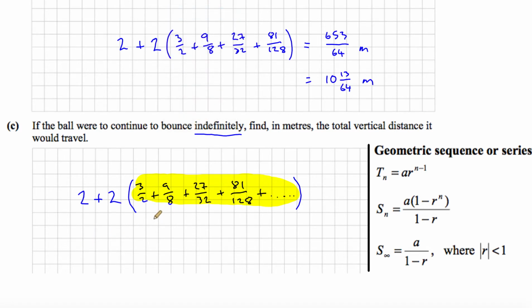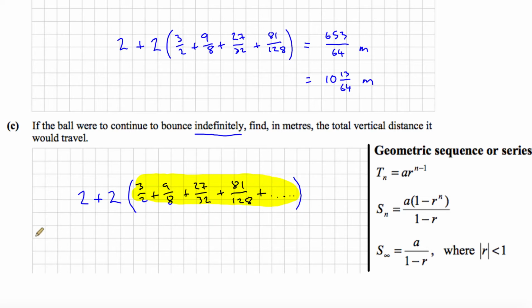So if that's a geometric sequence, the formula for the sum to infinity of a geometric sequence is here in the right hand corner. I've taken this from the tables book. So this is a over 1 minus r, where the modulus of r is less than 1. Now r represents the common ratio, and the common ratio for this sequence, if you remember, was 3/4, because that's what we're multiplying as we go along.